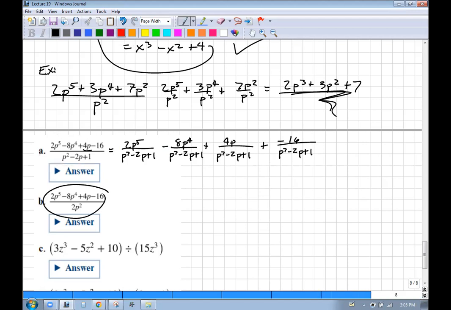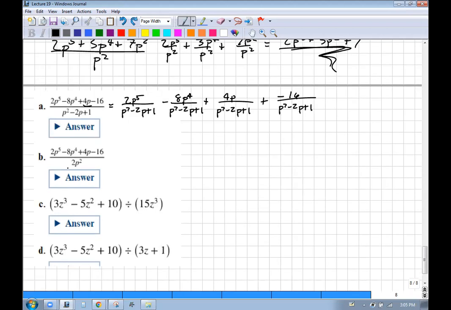This guy here, what would this be? You would have 2p to the 5th over 2p squared. The 2's would cancel, and you're left with a p cubed, right? Then here, the minus 8 divided by the 2 would give you a minus 4.